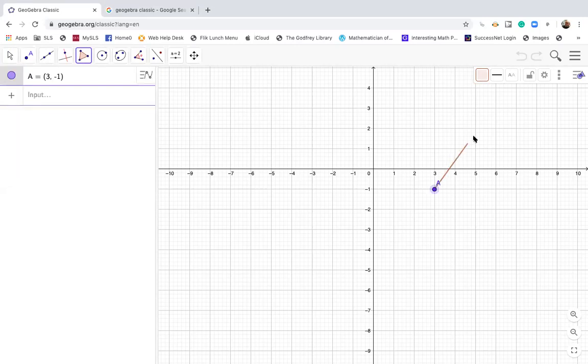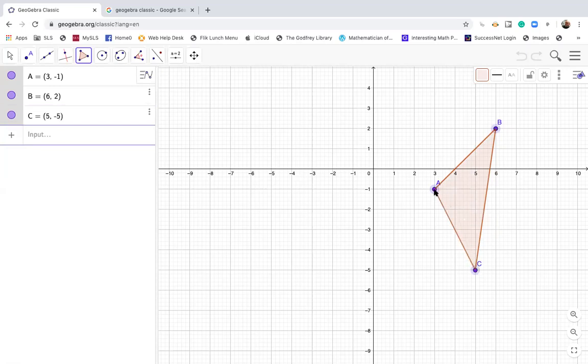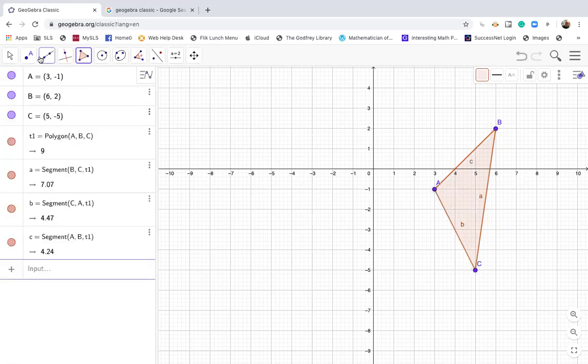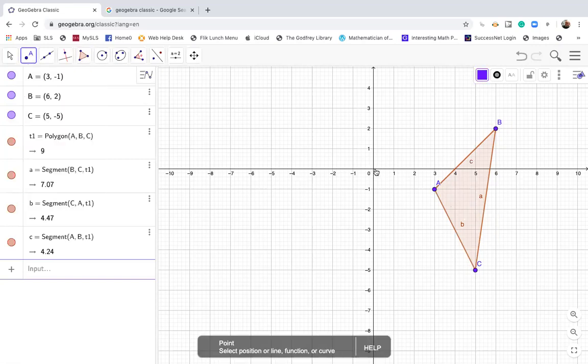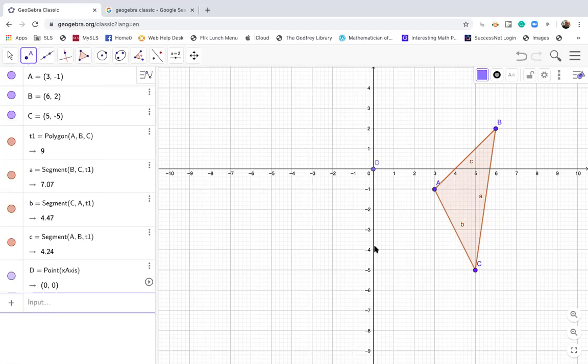But I'm just going to make a random triangle using this tool. Okay. And then using the point tool, which is right here, I'm going to make a point right at the origin. And then what I'm going to do is a rotation.